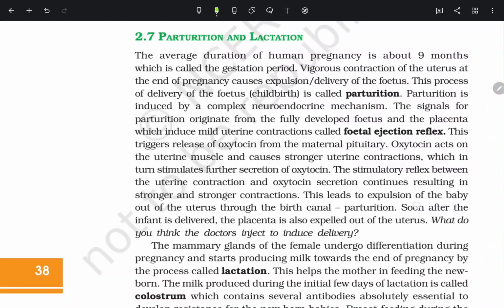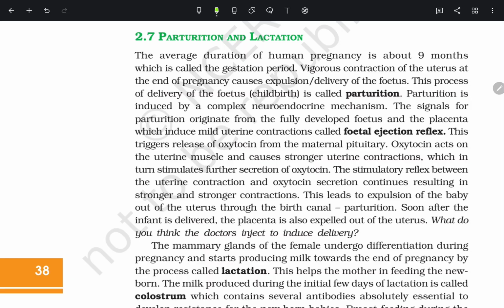Parturition and lactation. The average duration of human pregnancy is about 9 months, which is called the gestation period. Vigorous contraction of the uterus at the end of pregnancy causes expulsion or delivery of the fetus. This process of delivery of the fetus is called parturition. Parturition is induced by a complex neuroendocrine mechanism.